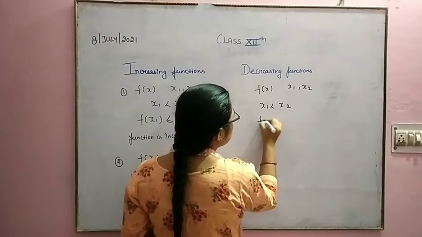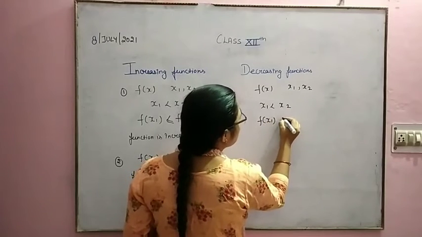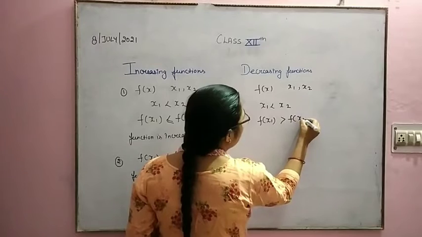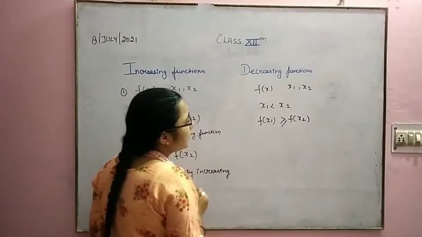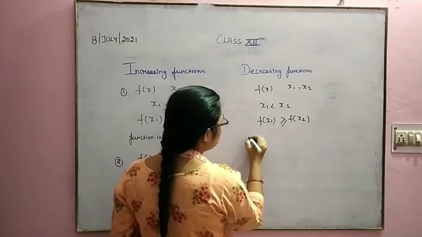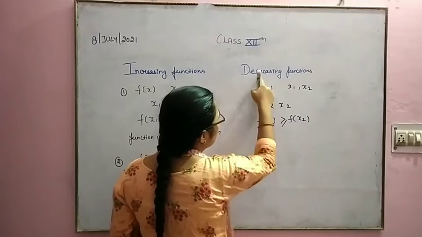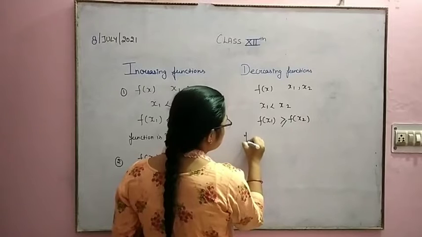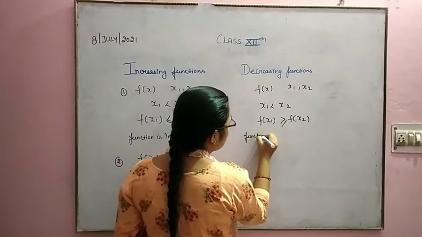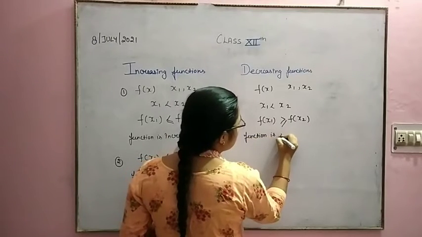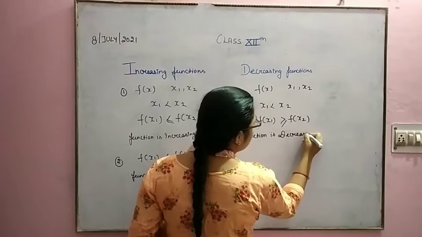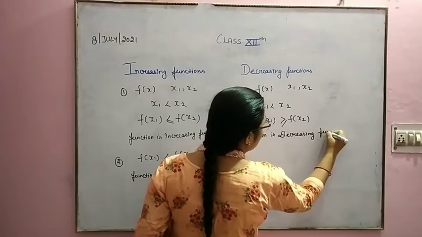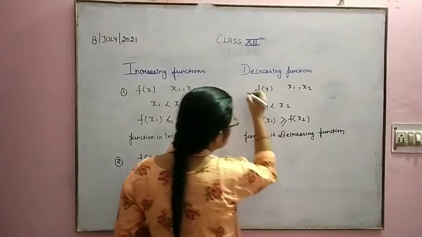If we get f(x1) is greater than or equal to f(x2), then this condition is for decreasing functions. The function is a decreasing function. Correct?